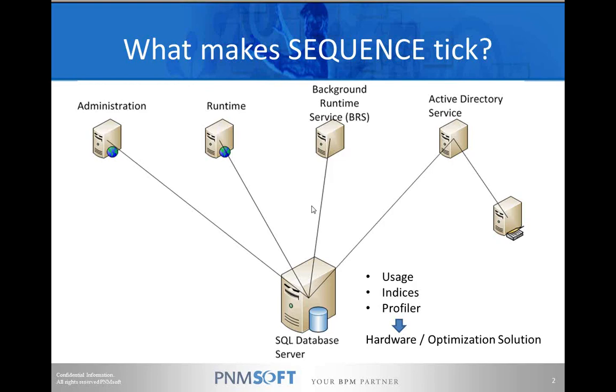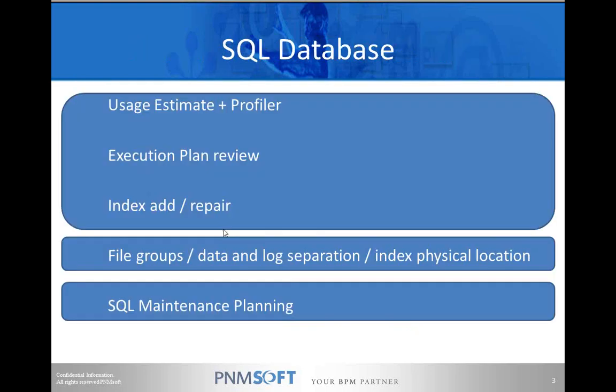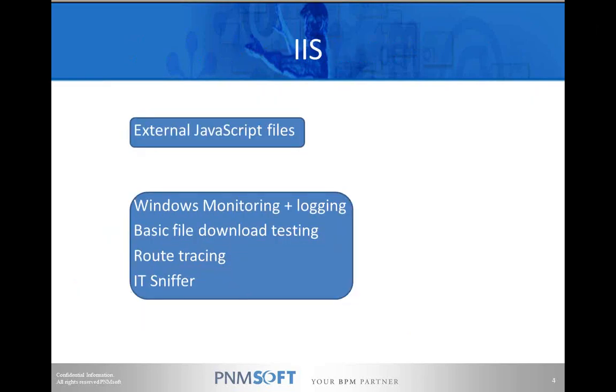And of course, they're both dependent on the SQL. We covered the usage statistics, indexes, how to look at the profiler, how to get an idea of what the expected solution is. We covered different suggestions on how to optimize your SQL database, and the suggestions for the web-based solutions.